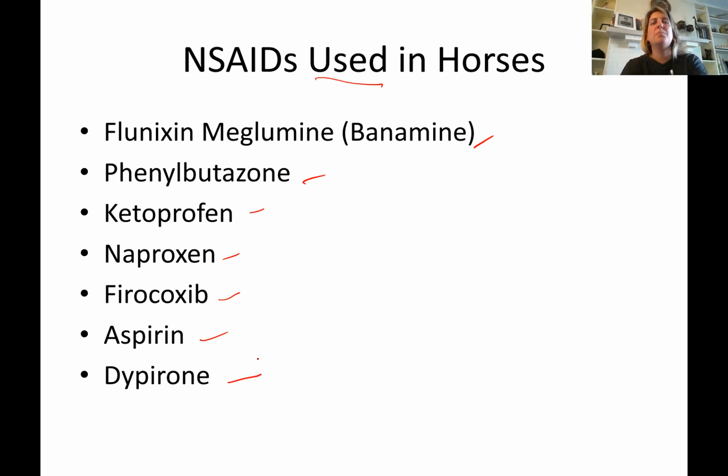Banamine is something that is important for everyone to be able to administer to horses. If you don't know how to administer an IV of Banamine to a horse, you need to ask a veterinarian to help you, because there are emergencies where you need to administer Banamine via IV as opposed to giving it orally, because there's only so much you can give a day to a horse.